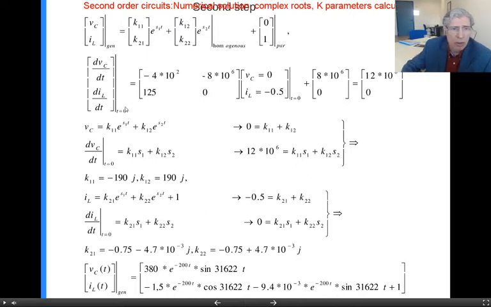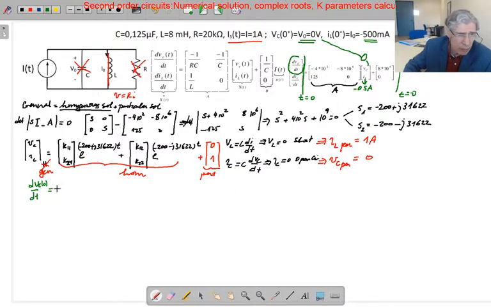Here you are. 12 times 10 to the power 6 is the initial condition of the capacitor voltage derivative, and dIL/dt at t equals 0 is equal to 0.